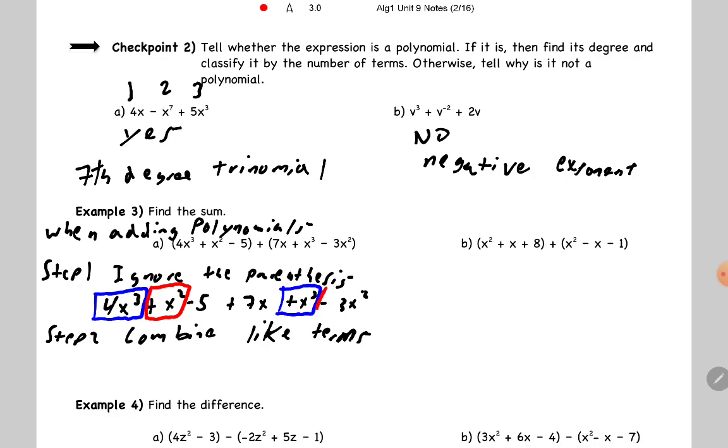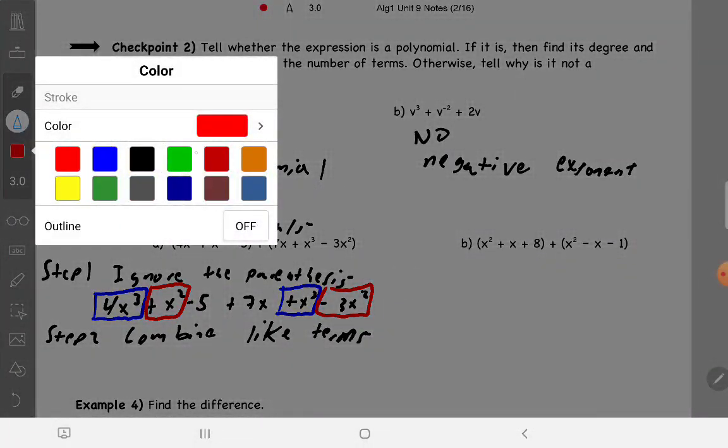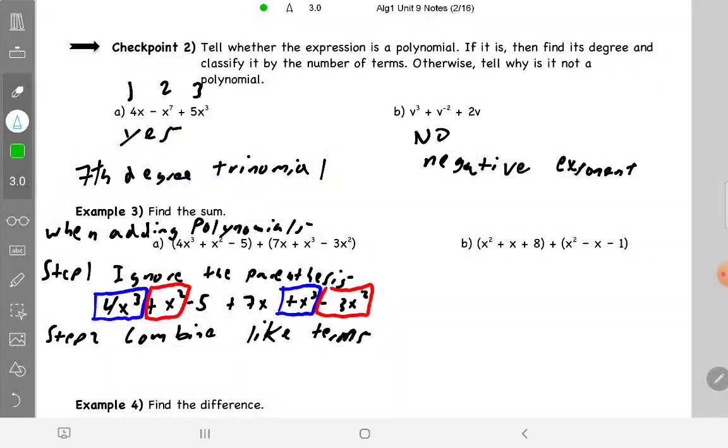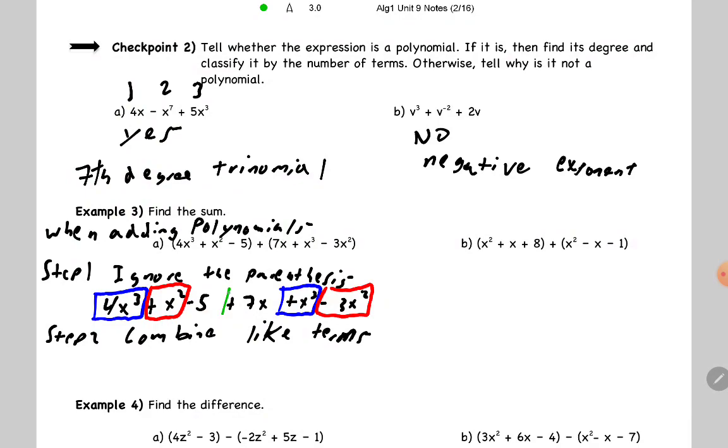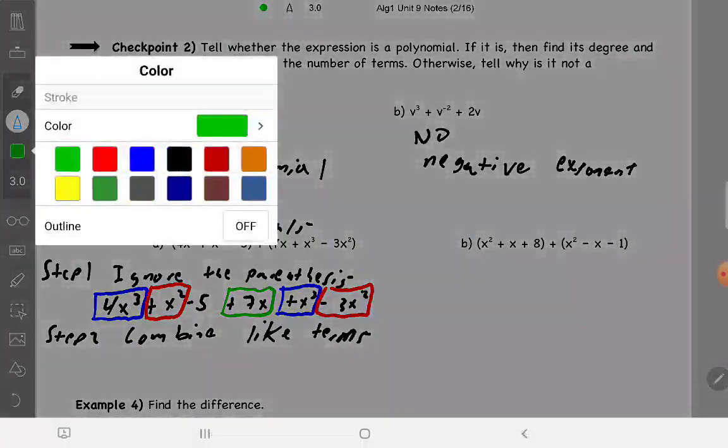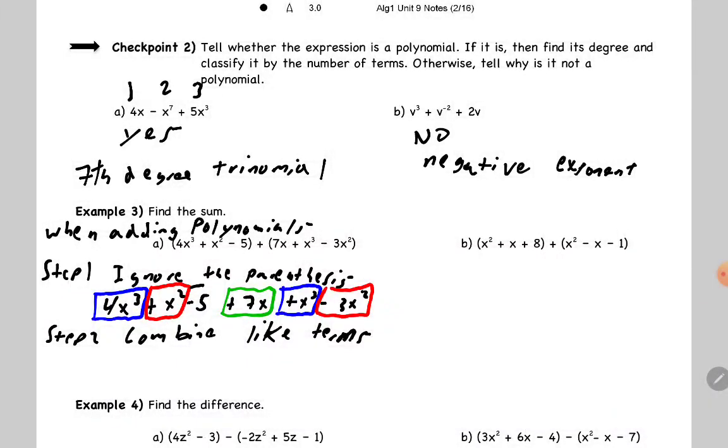So this is a negative 3x squared here. We have x's. And then we have just regular numbers by itself, which is called constants.